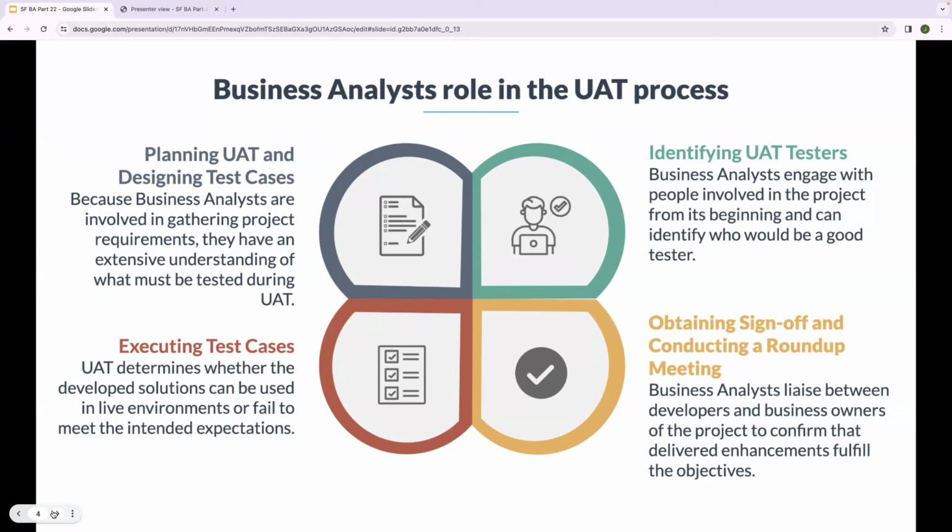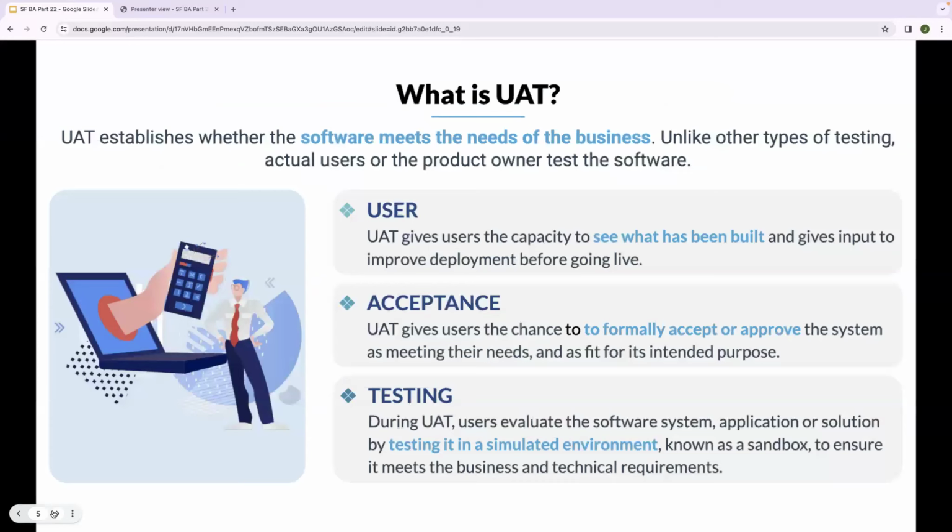Identifying UAT testers: business analysts engage with those involved in the project from its beginning and can identify who would be a good tester. Obtaining sign-off and conducting a roadmap meeting. Business analysts lie between developers and business owners of the project to confirm that the delivered enhancement fulfills the objective.